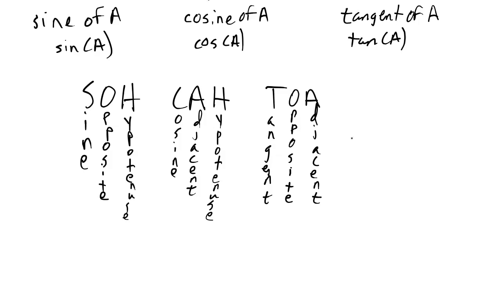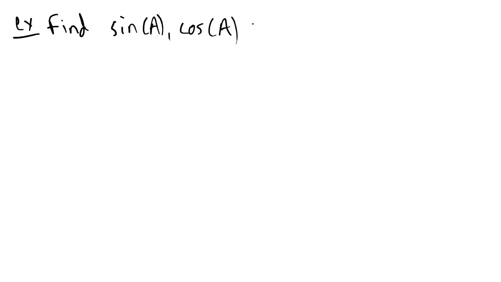And all this lesson really comes down to is remembering these and using them in different ways. So let's run through a couple of examples. We're going to find the sine, the cosine, and the tangent of A. If we have a triangle, remember these have to be right triangles.